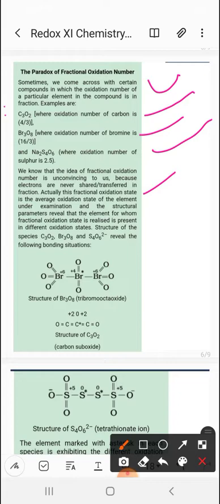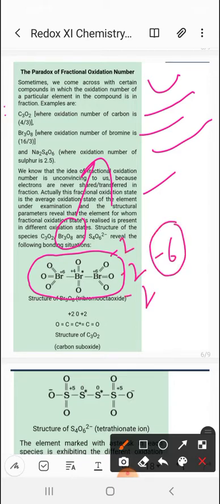So for example, take Br3O8, which is tribromine octaoxide. If you open its structure, it opens like this. Here bromine has 3 double bonds, and here 2 double bonds with oxygen. Now one oxide is -2 and -2, total -6. To cancel this -6, this bromine has the +6 oxidation state.